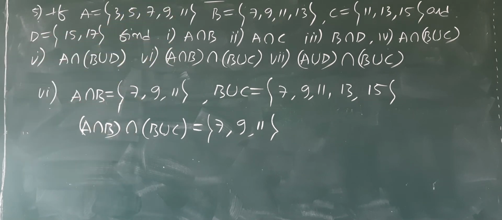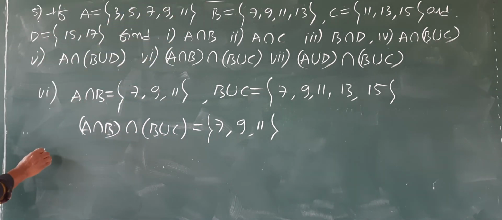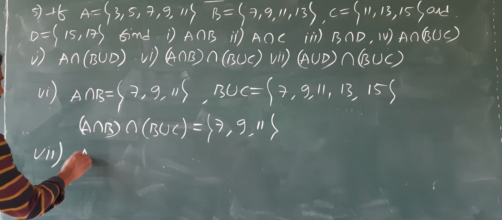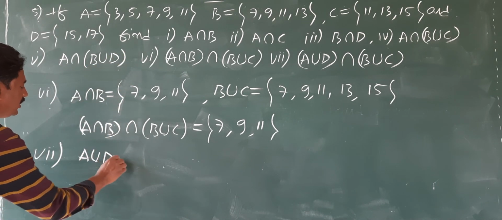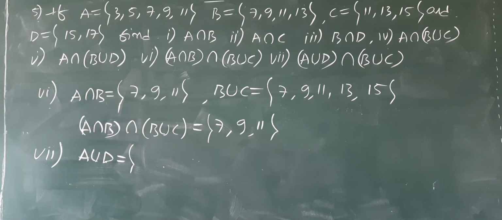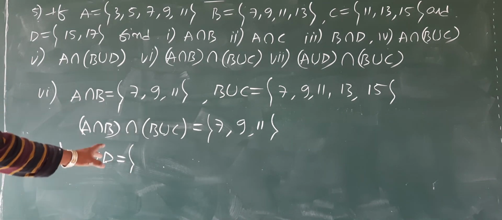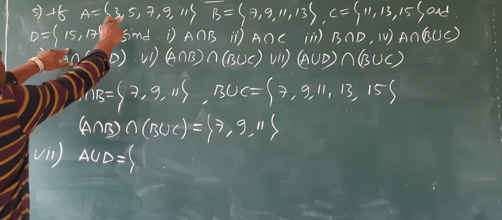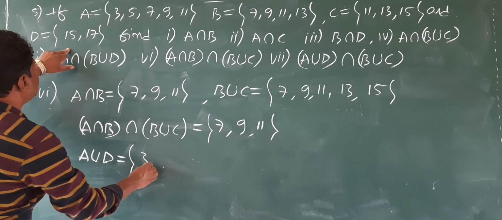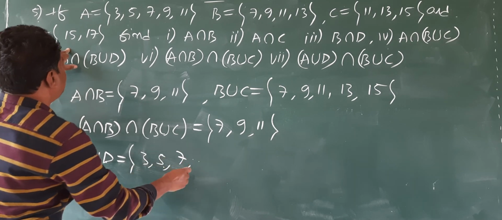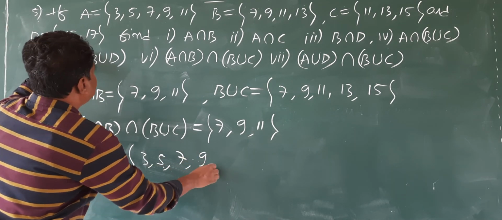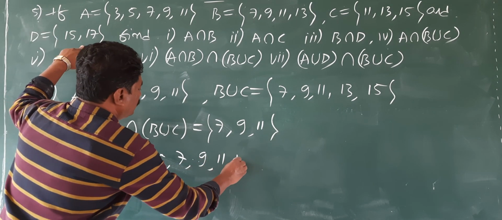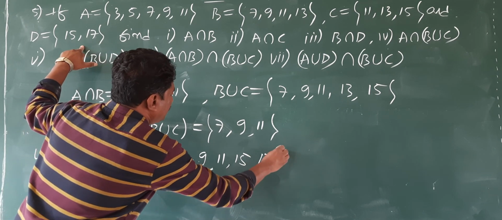Similarly, let's solve one last question. Find A union D, uniting A and D. So write 3, 5, 7, 9, 11, 15, 17.